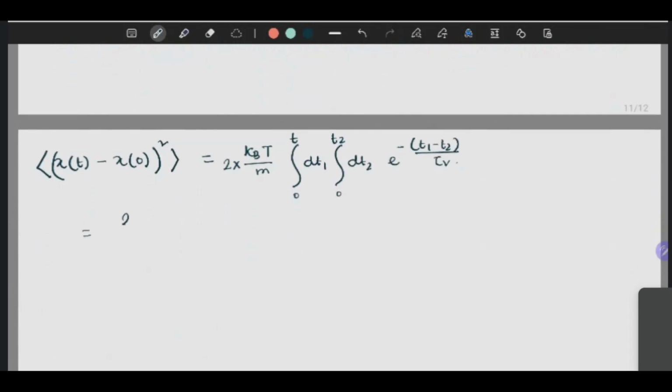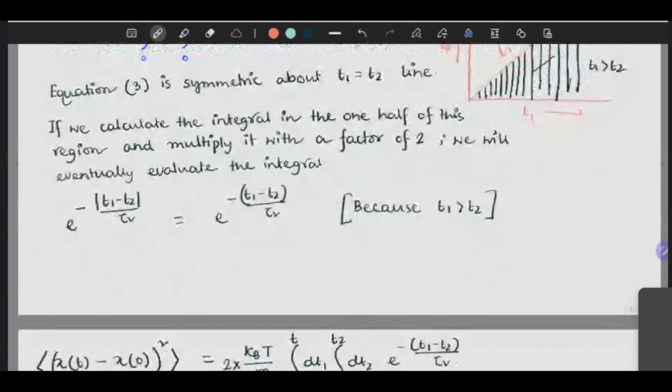So 2 k_B T by m integral 0 to t dt1 e to the power minus t1 by tau_v into integral of dt2, and what will be the limit of t2 then?